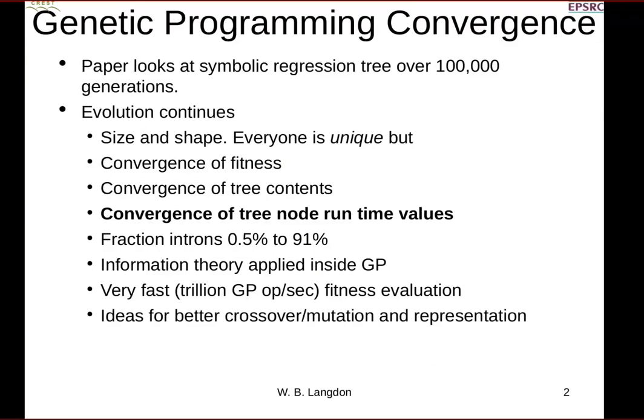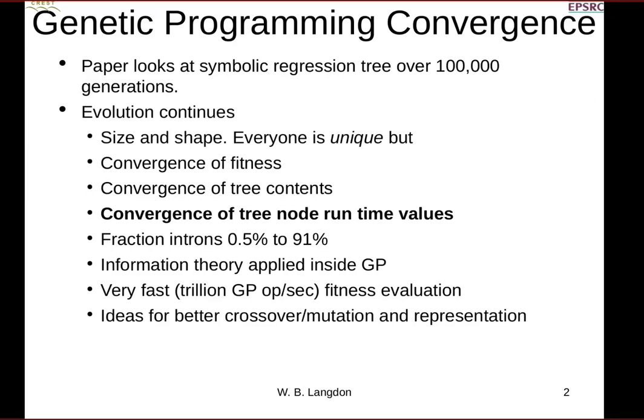The paper itself covers a great number of different things about convergence. What we're looking at is a traditional symbolic regression, but we're going to run for up to 100,000 generations. What we'll do is look at the evolution of convergence.